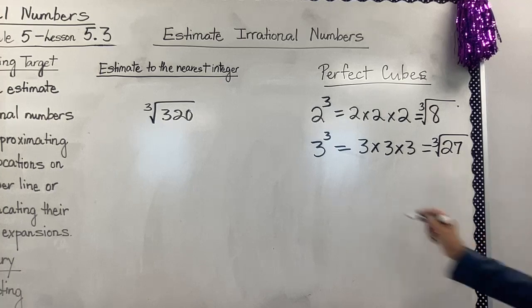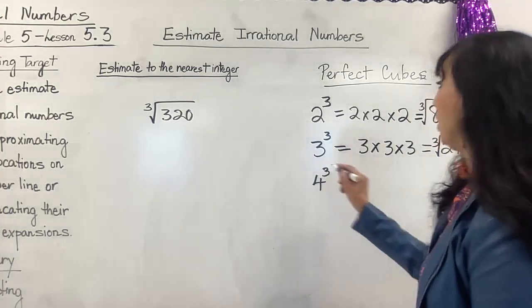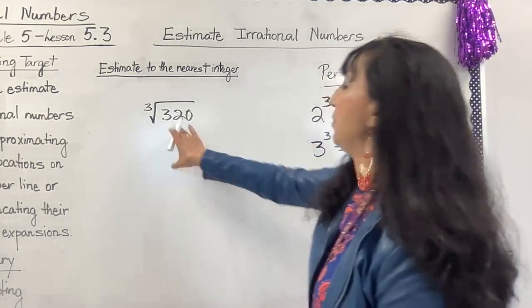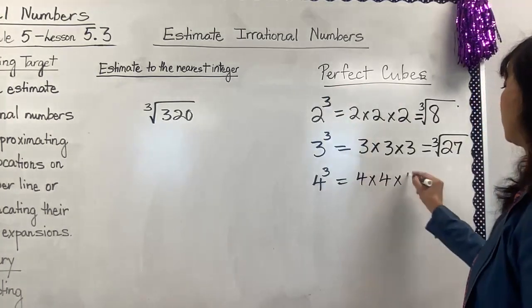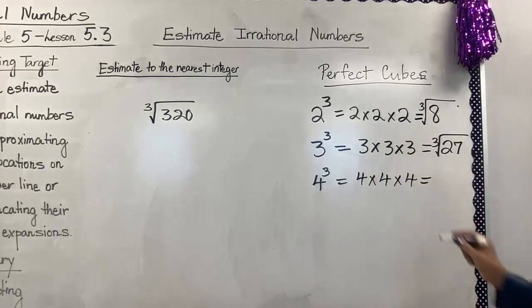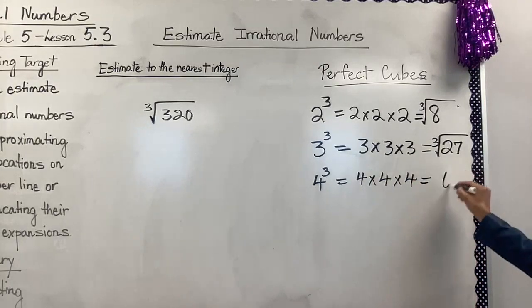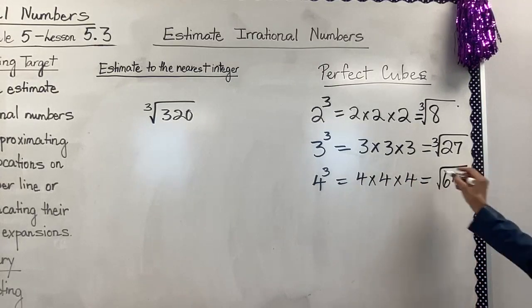We have 4 cubed. Just thinking about all the cube roots which are as close as possible to this one, okay? So 4 times 4 times 4. 4 times 4 is 16, and 16 times 4 is 64, right? Here we go.